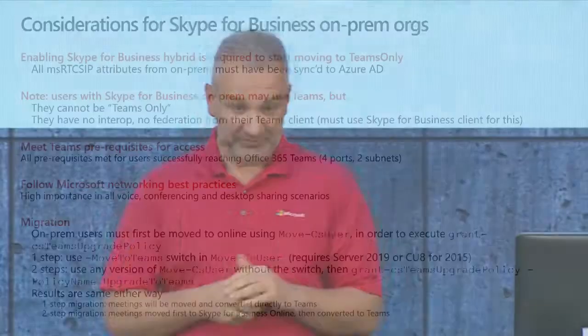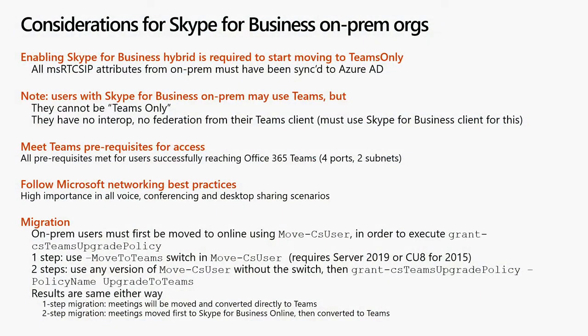And migration. When I'm coming from on-premises, I will need to move that user online, as I talked about. You do it in a 1-step process or a 2-step process, depending on what server architecture you have on premises. In either case, the process is exactly the same; how you execute it is different. The process is you move the user to Skype for Business Online, and then you move them to a Teams-only experience.